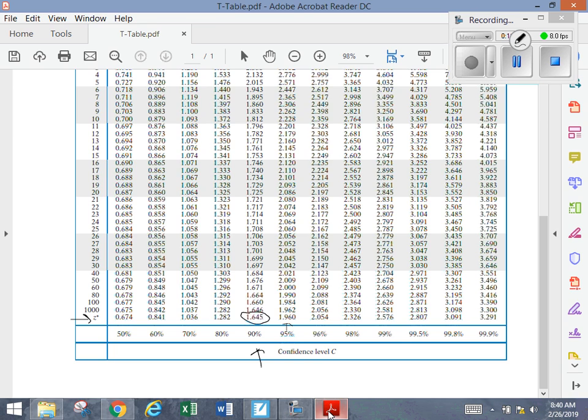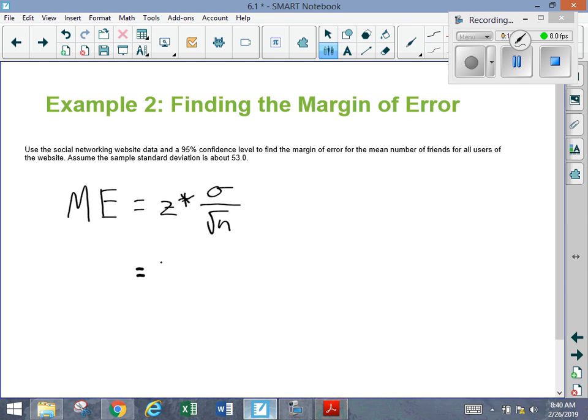Okay, so here we go. It's going to be 1.96 times, it's saying that the sample standard deviation is about 53.0.